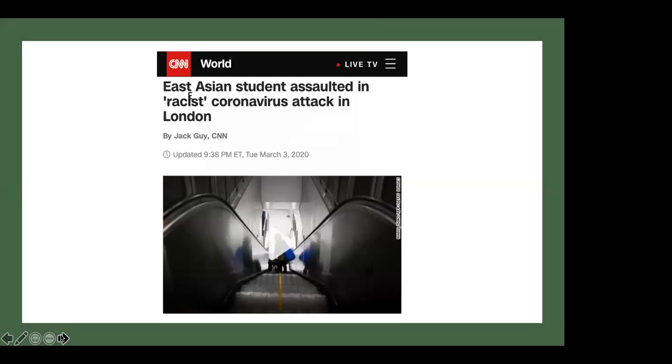And this one is also: Asian student assaulted in racist coronavirus attack in London. So they cannot control their minds because they think all Asian people have coronavirus or something like that. Next, please.